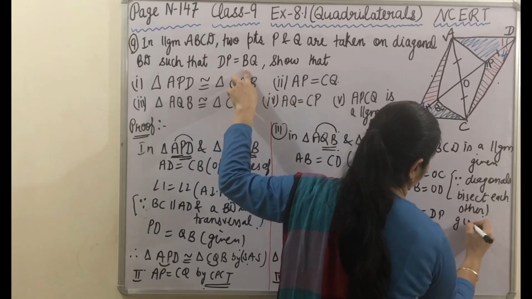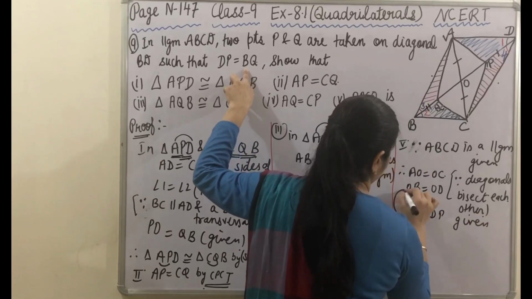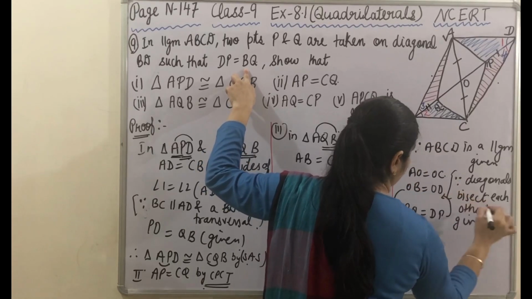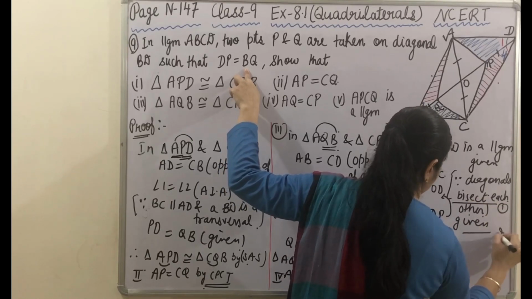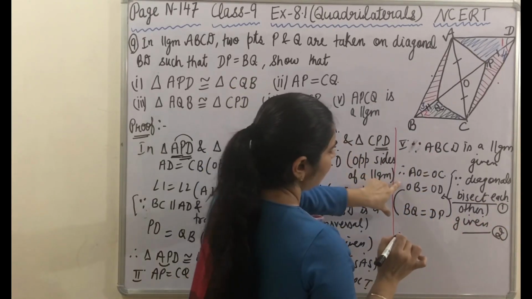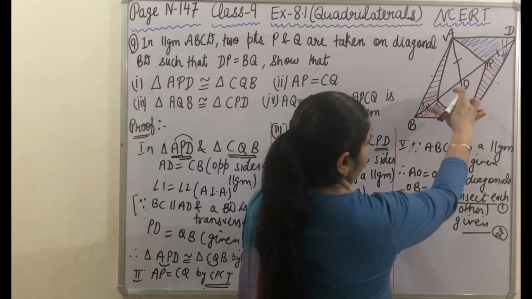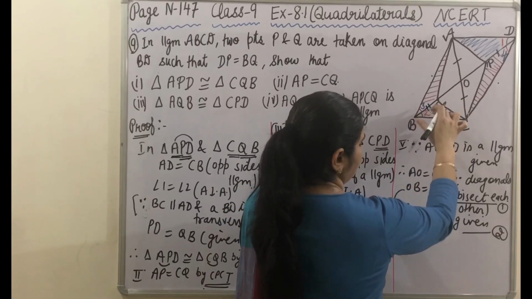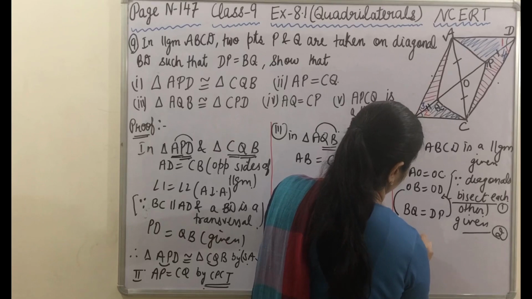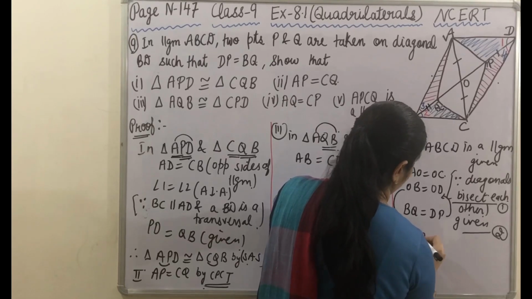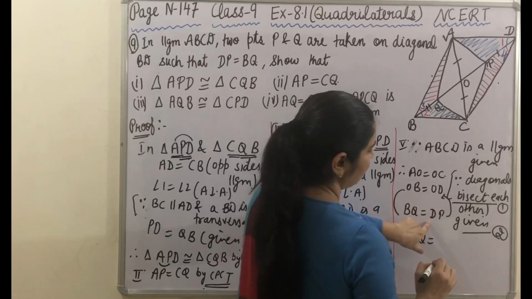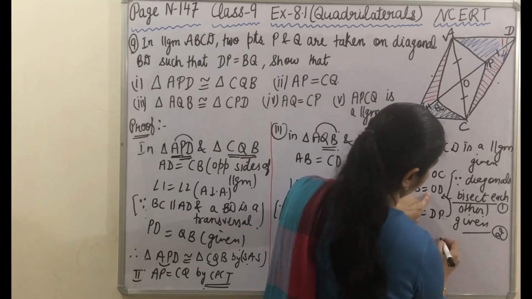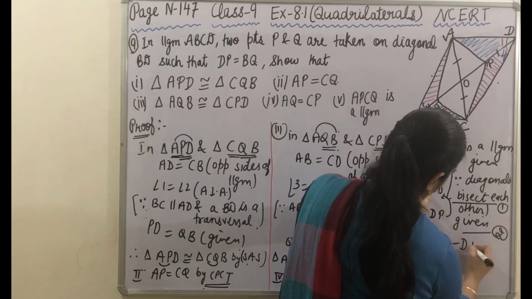This is already given. I will write here this is equation 1 and this is equation 2. On subtracting 1 and 2, I will get OB minus BQ. We will subtract left hand sides and then subtract right hand sides of both the equations: OD minus DP.